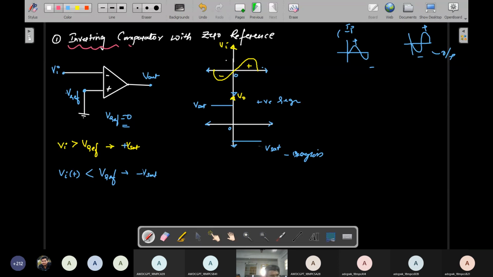So this is the first case of the inverting comparator with zero reference. Now I'll move to the same case with the non-inverting comparator with zero reference. I'll move to the next page. Second option, non-inverting comparator with zero reference.